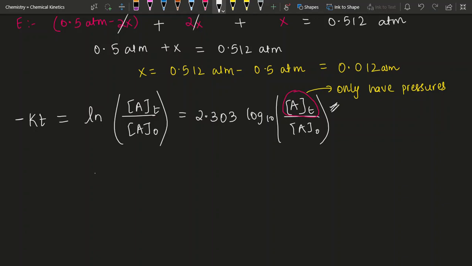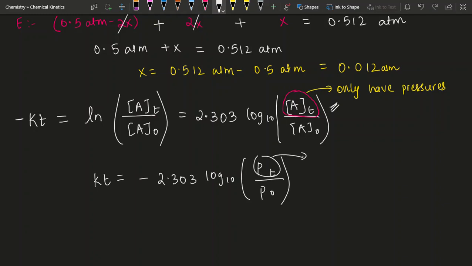So now you write that kt equals negative 2.303 log 10 of pressure at time t over the initial pressure. And notice this pressure is not the total pressure.